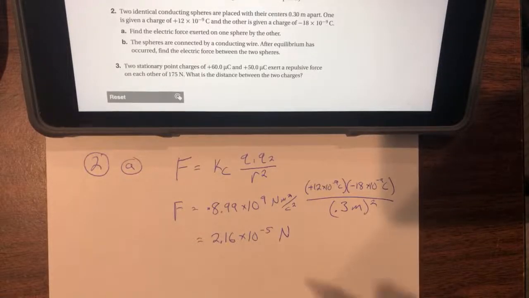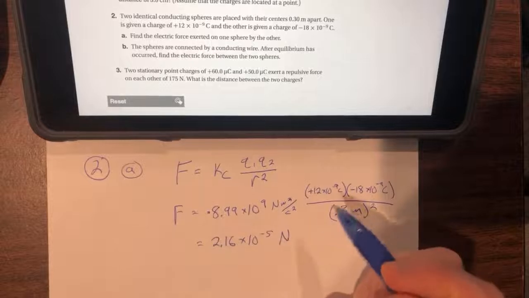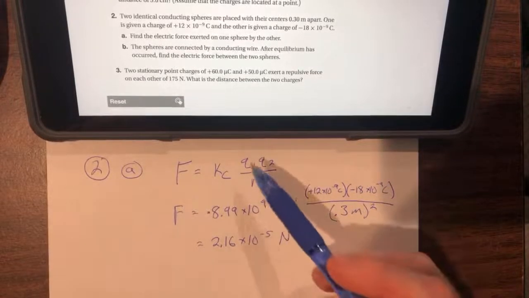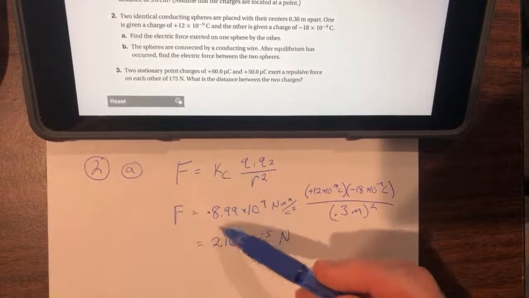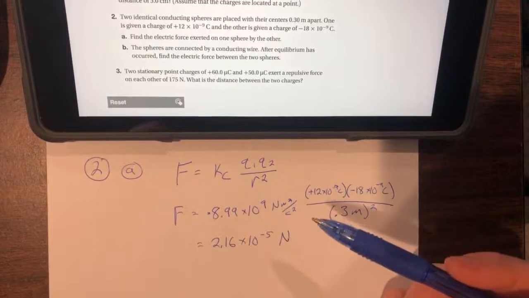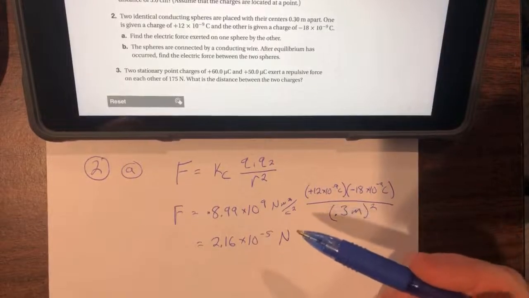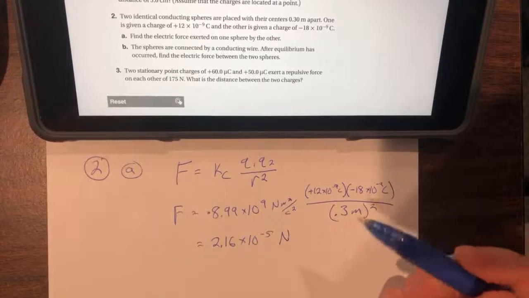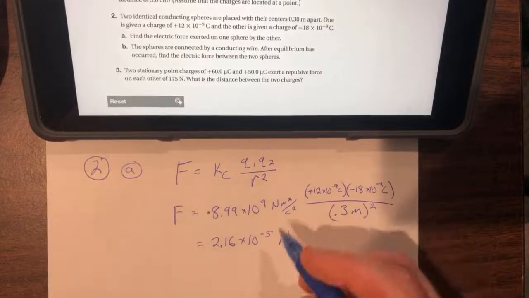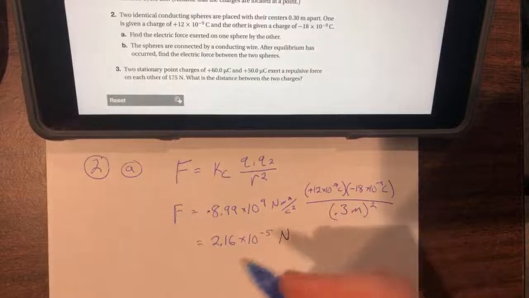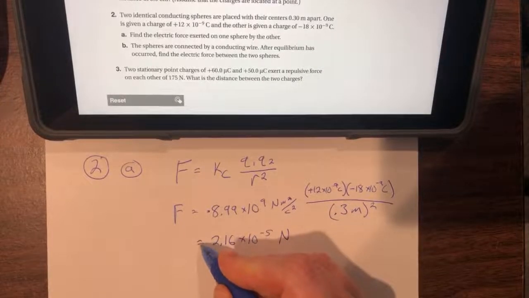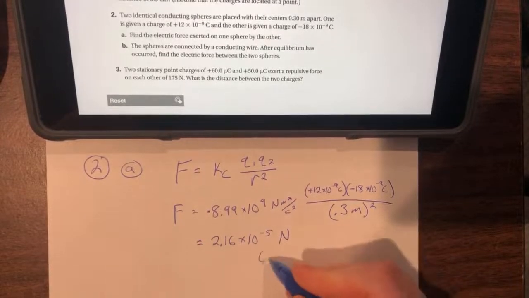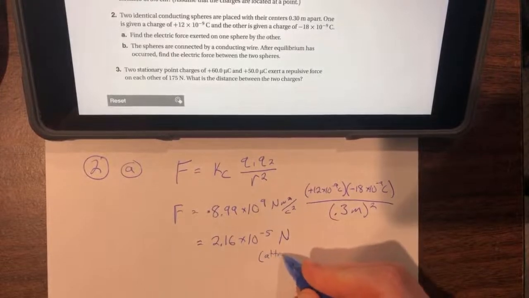Right. So I'm going to put this as a positive force and just essentially making this equation such that it's going to be positive when they're attractive, negative when they're not attractive. But what's more important is you understand that when they're opposite charges, these things are going to attract. Okay? So I think some people might do it differently, but this is going to be the force is attractive.